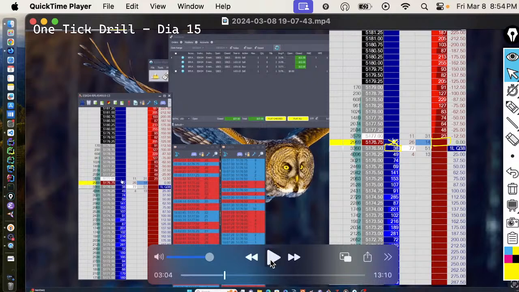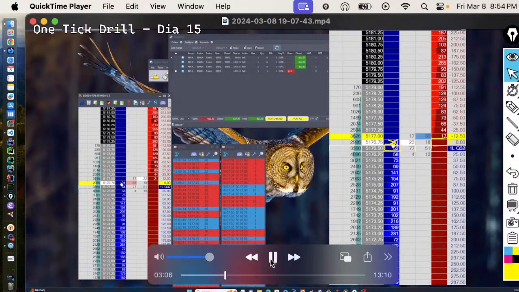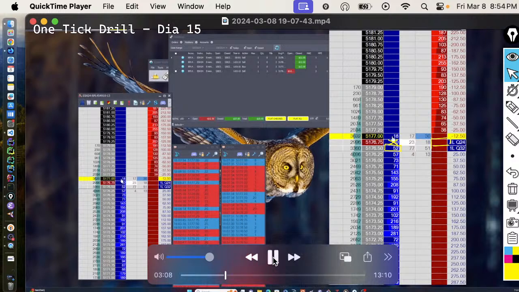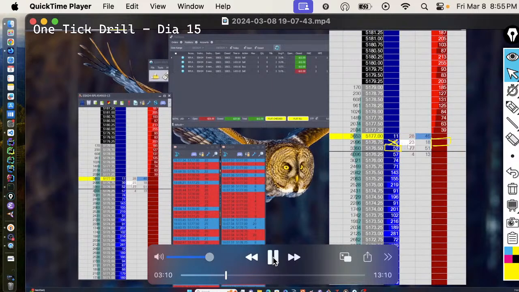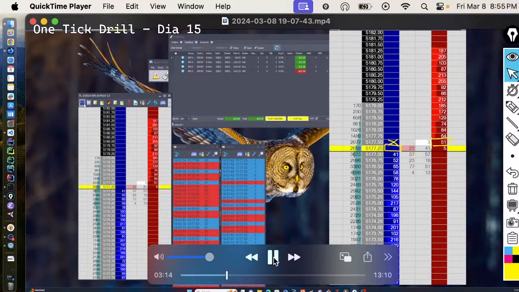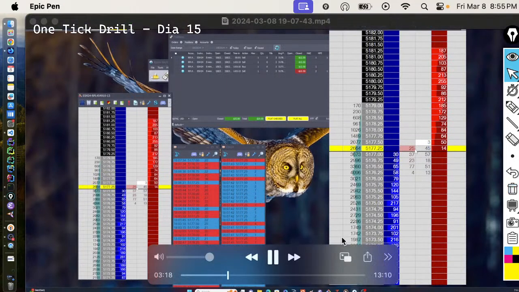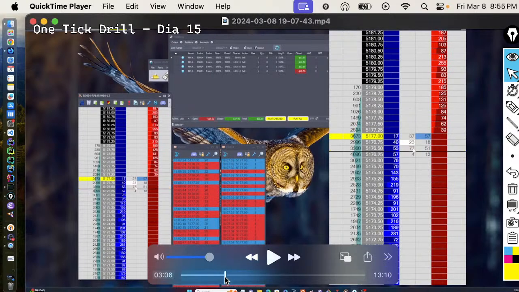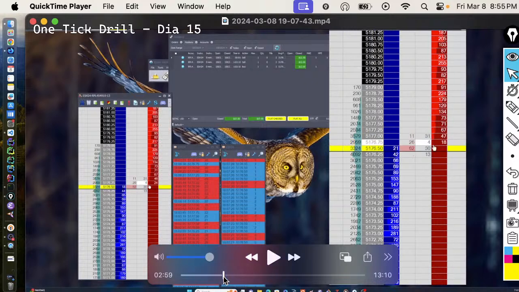So I should have had an exit set. Oh, now I'm in trouble. I think I exited with the 1 tick loss here. And this is basically like, it moved too fast, right? In real time, the trade happened.